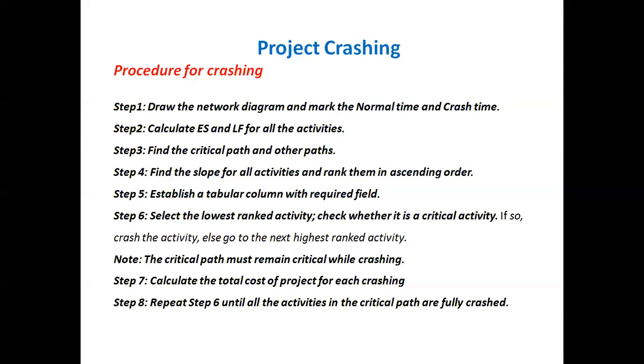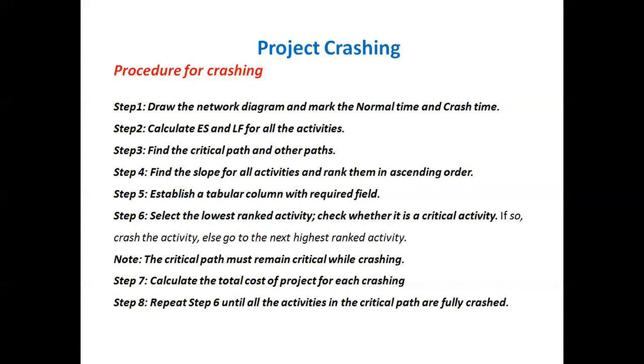Then all this information will be tabulated in the required format. Then select the lowest ranked activity and check whether it is a critical activity or not. If so, then crash the activity, else go to the next highest ranked activity.